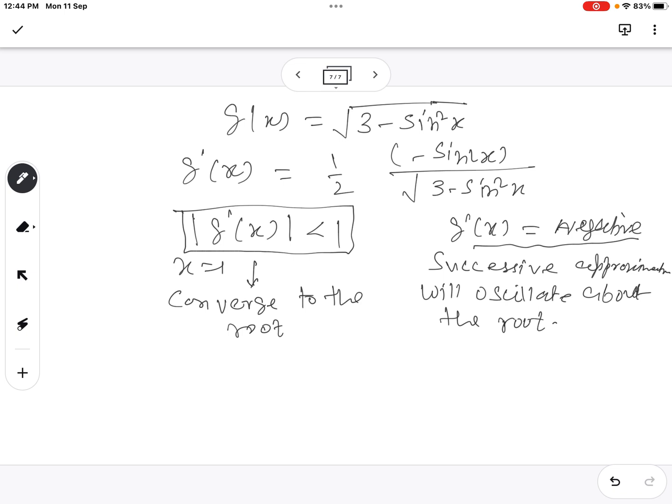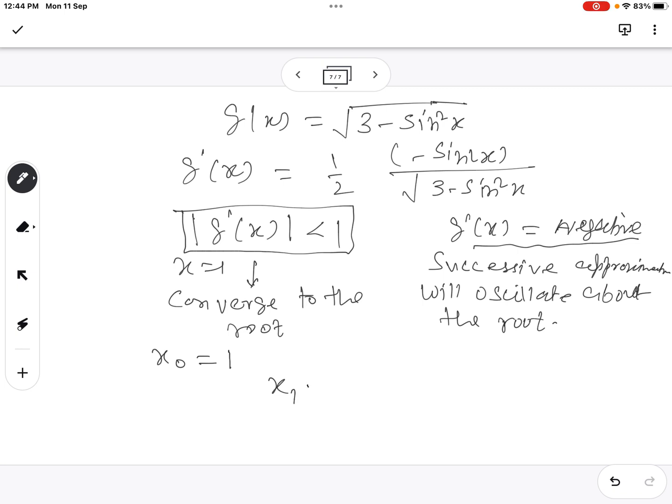Now let us start the iterations. So for that, let me say that x naught equal to 1 is my initial approximation.